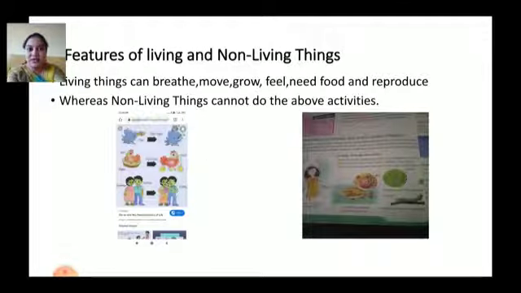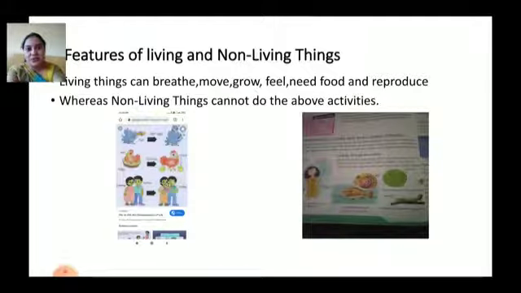First we would have the features of living and non-living things. Now what do features mean? Features are nothing but the main points, main aspects or the characteristics. Here we will see living and non-living things in detail.